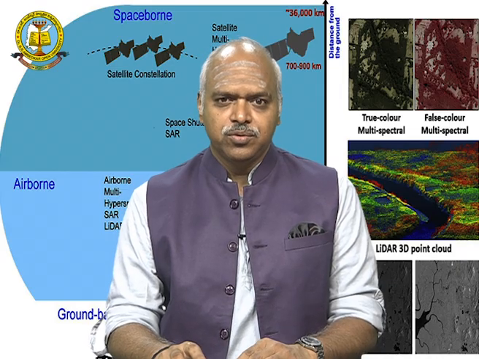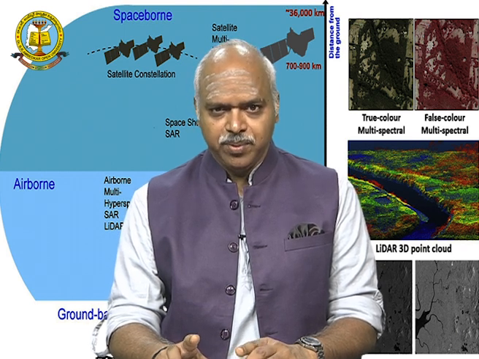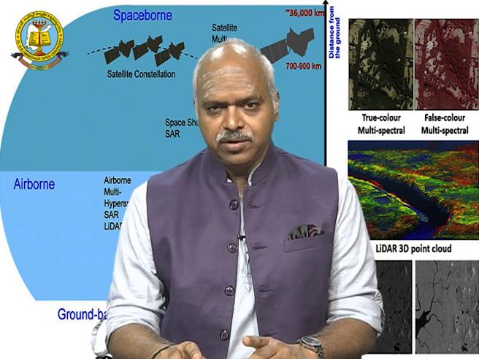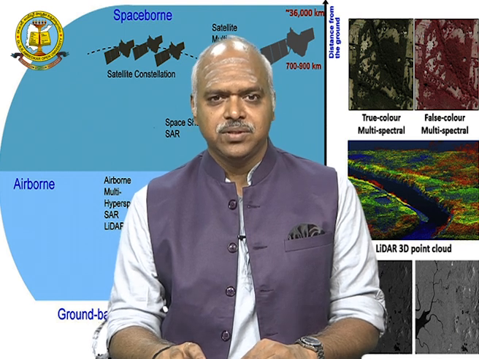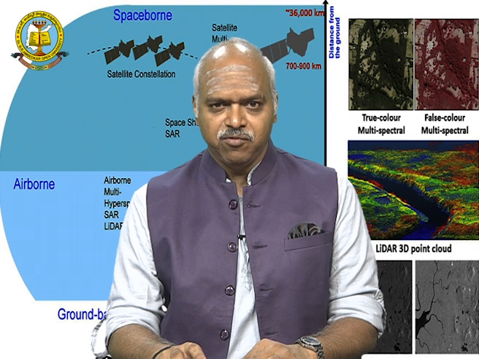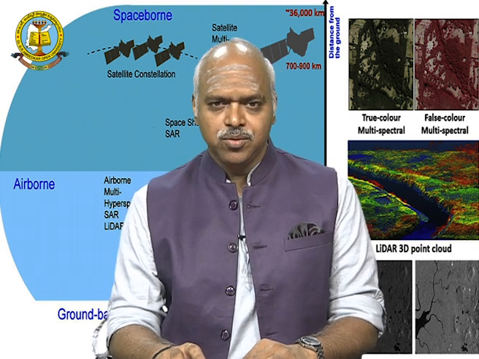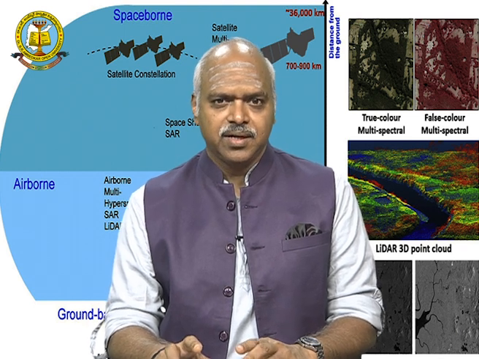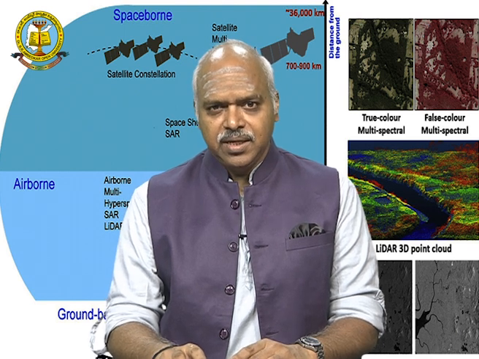Suppose you want to do some kind of mapping for the high canopy or tree canopy areas which are not accessible. Using drones which have cameras, we can capture the information. Currently, these drones equipped with cameras, including multispectral cameras, are also useful in infrastructure monitoring, such as monitoring of dams and bridges.